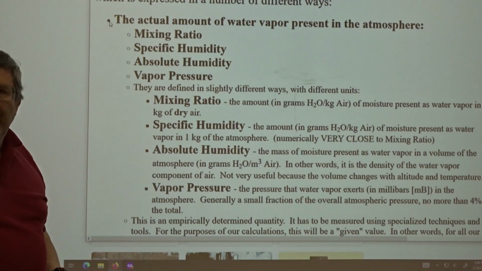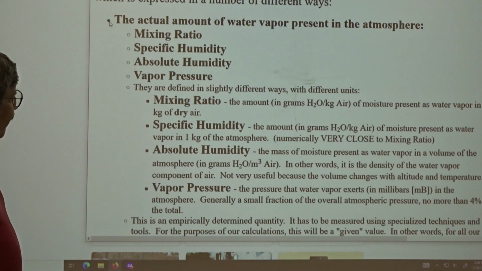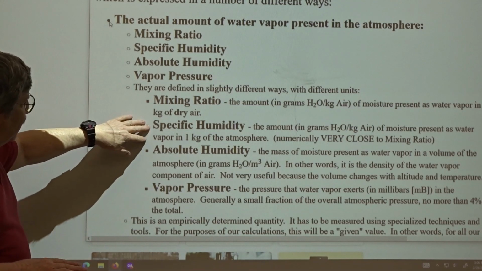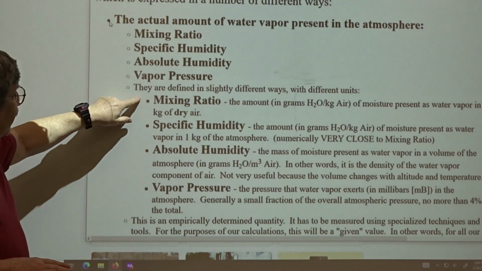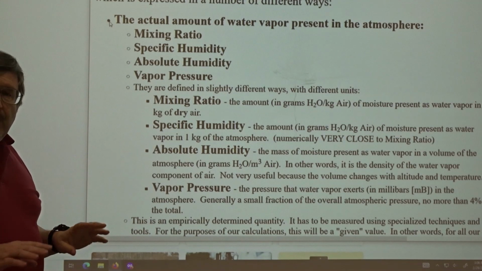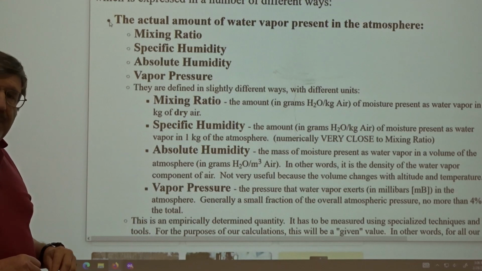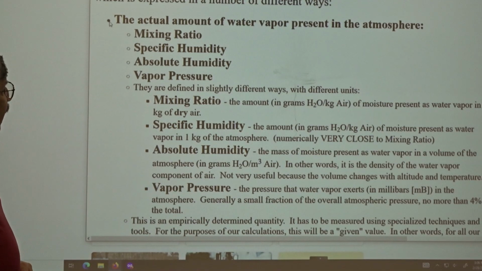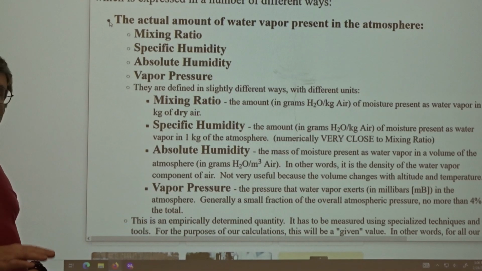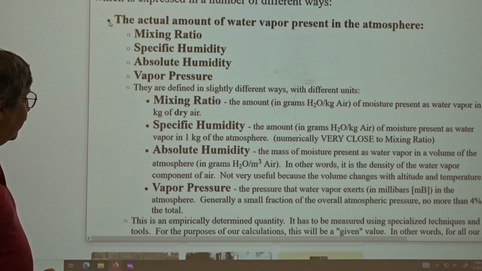I won't go into them in detail. You can read them, they're right there. We are going to be using specific humidity, but it doesn't matter which one of these. You can use any one of these to talk about the actual amount of water vapor in the atmosphere. They use slightly different units. And we can use any one of these to calculate relative humidity as well, as long as we're consistent in the units that we use.